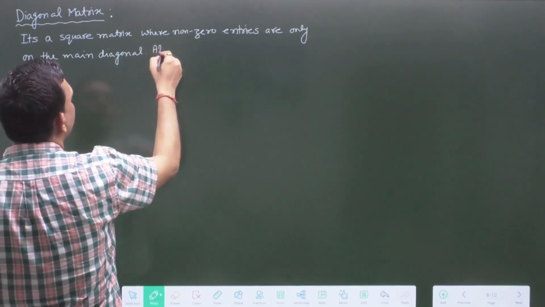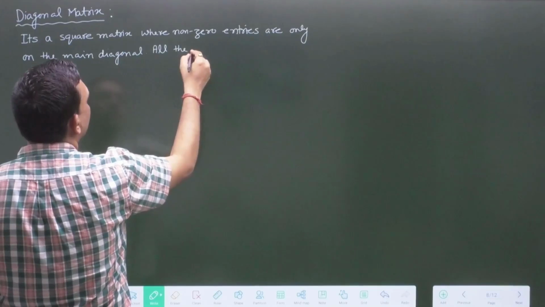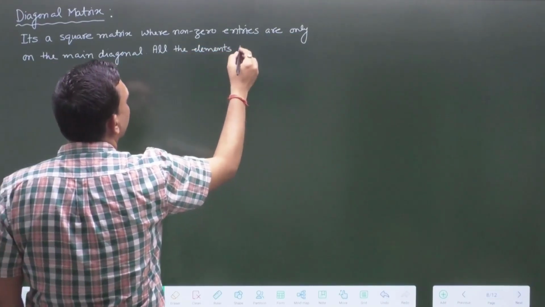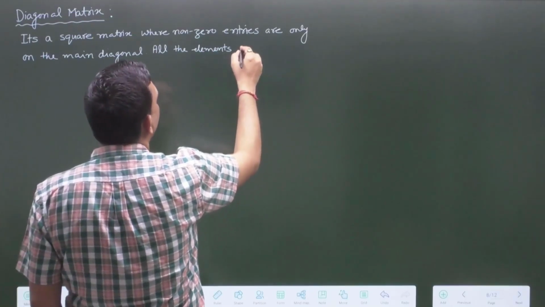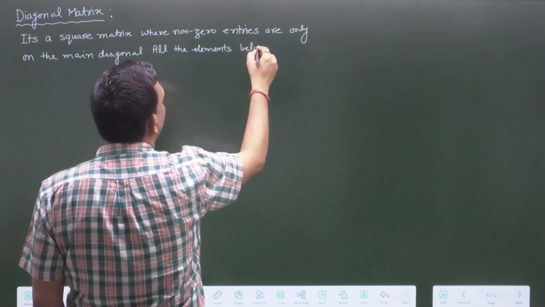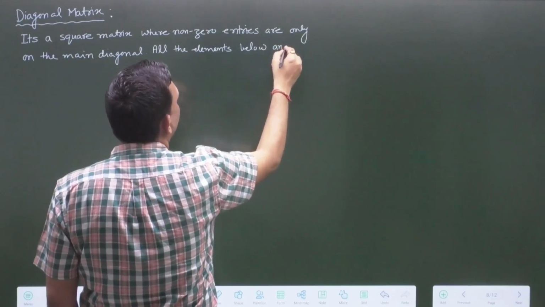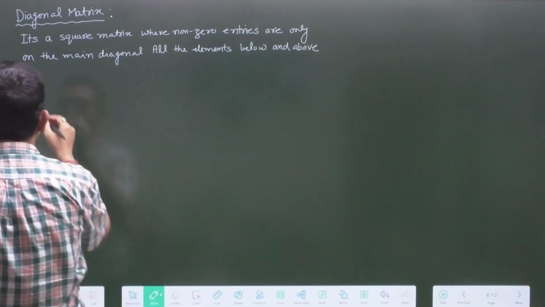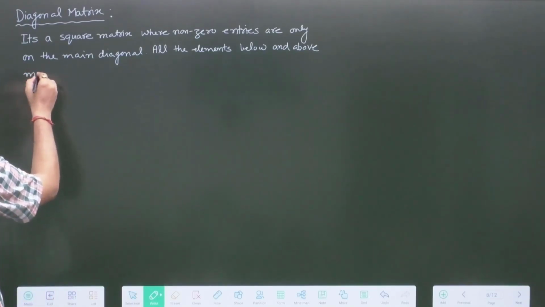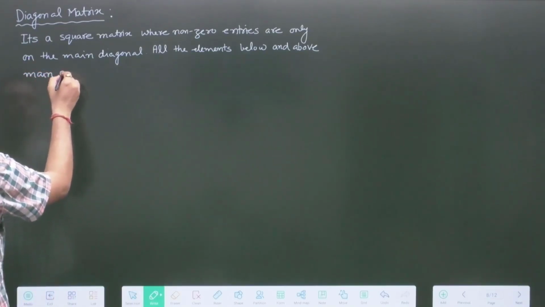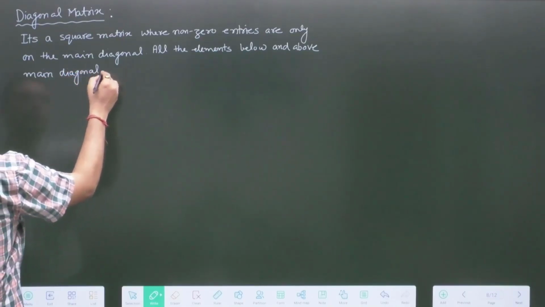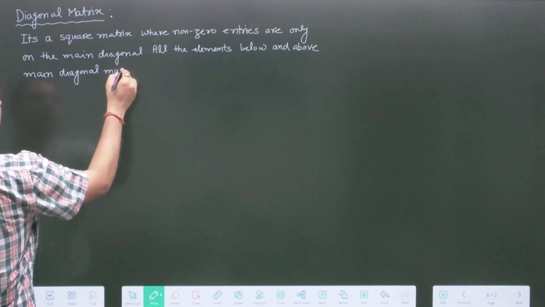All the elements below and above the main diagonal must be 0.